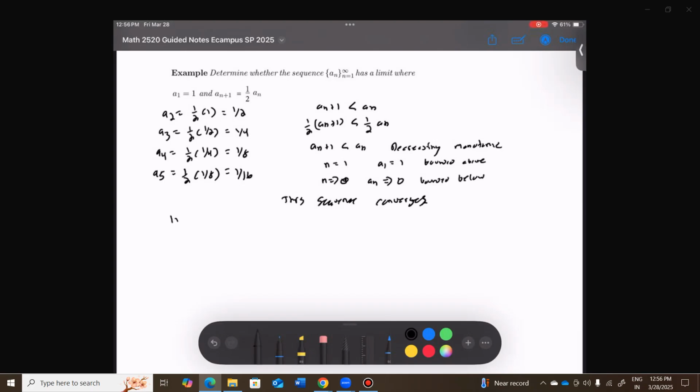So the limit as n goes to infinity of a sub n plus 1 is equal to 1/2 the limit as n goes to infinity of a sub n.